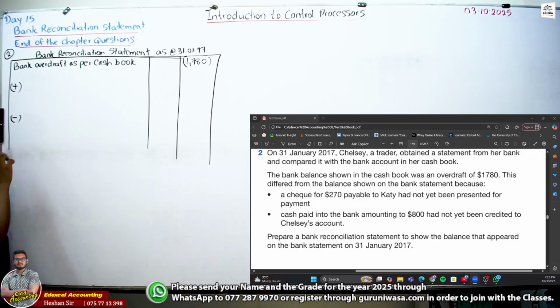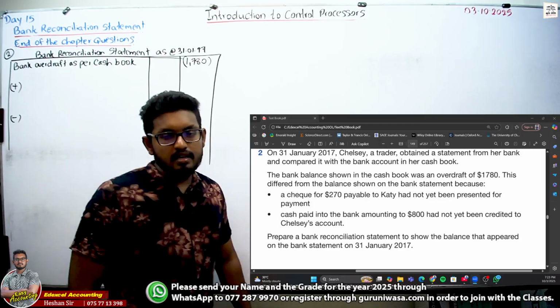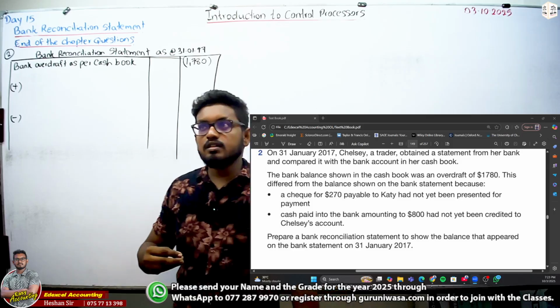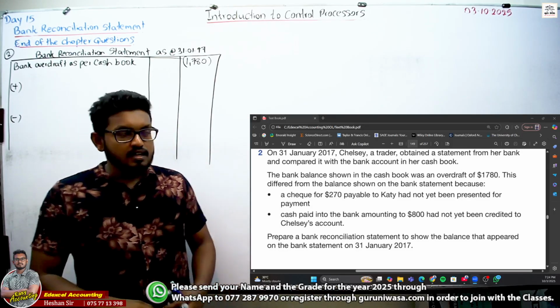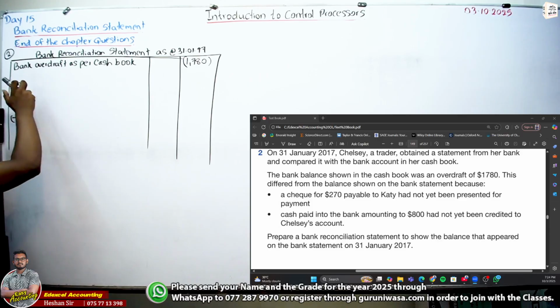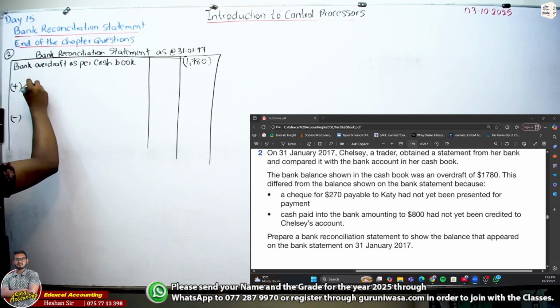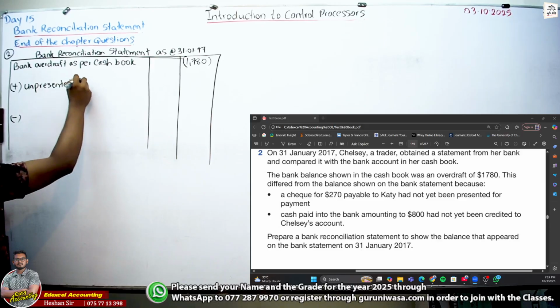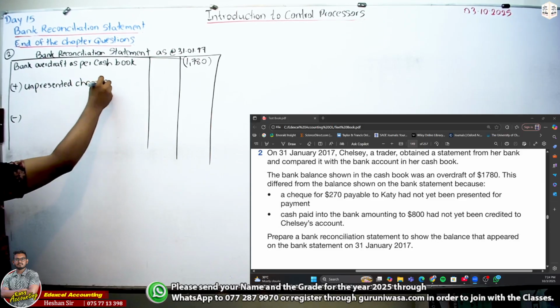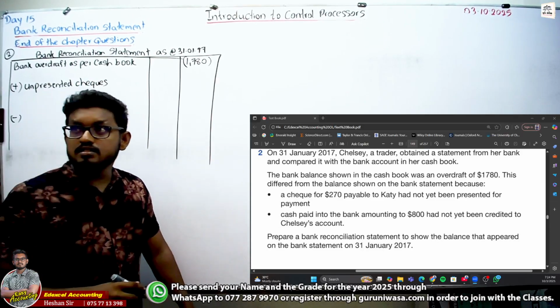Now we need to find the bank statement balance. Since it was not presented, the bank balance is still not deducted. So the unpresented check is 270.